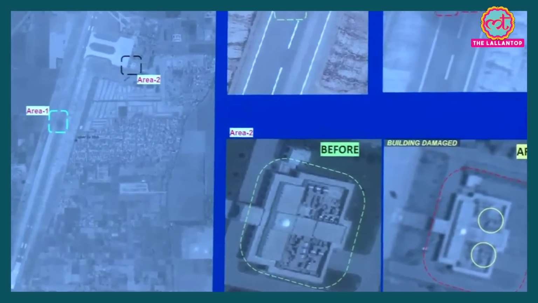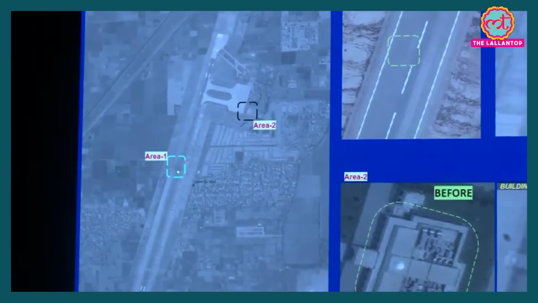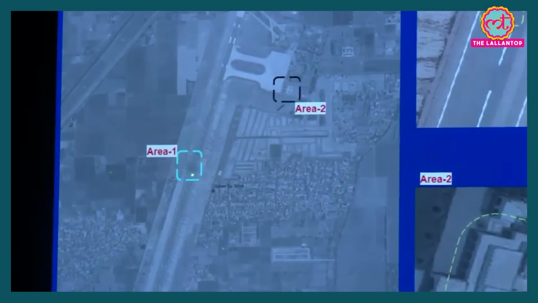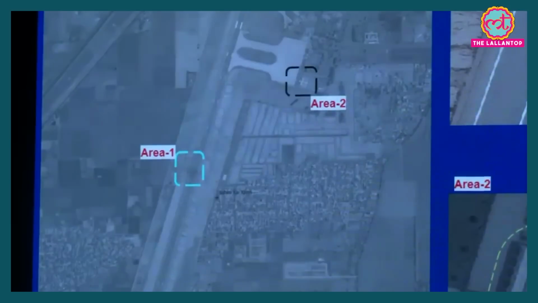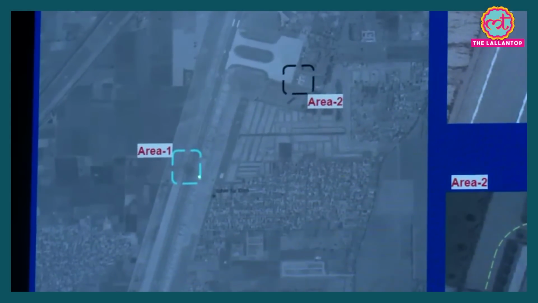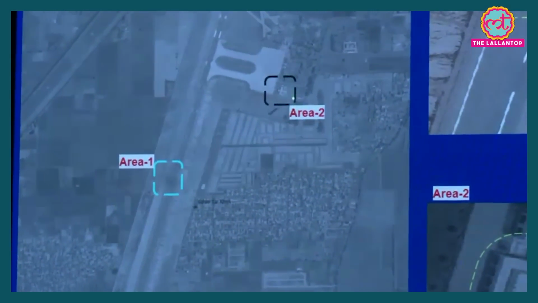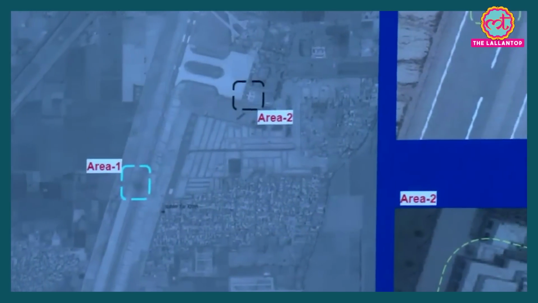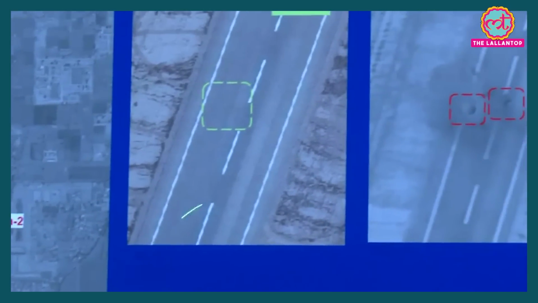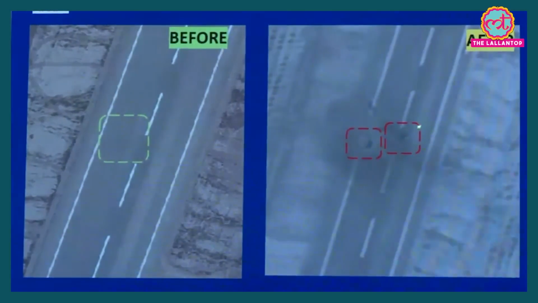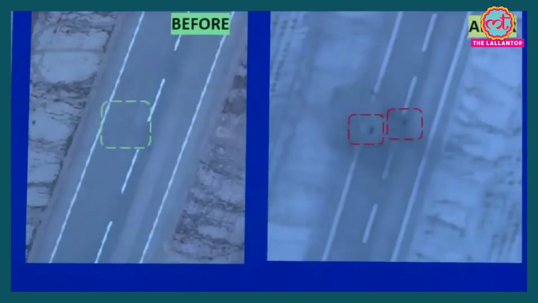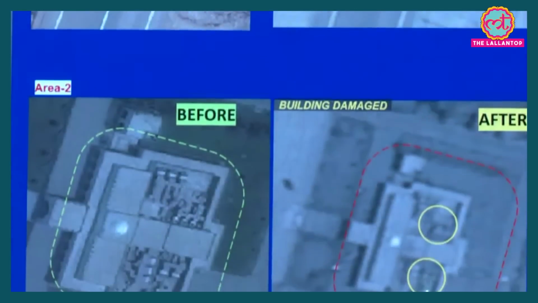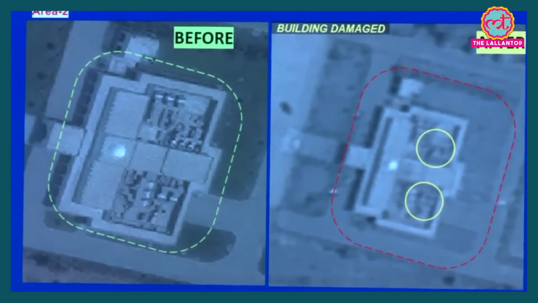Rahim Yar Khan. This is the area we have struck. A deep strike out here and one complex here. So this is how it looked before, and the same. You see a big crater, another crater here, and this complex after strike neutralized.